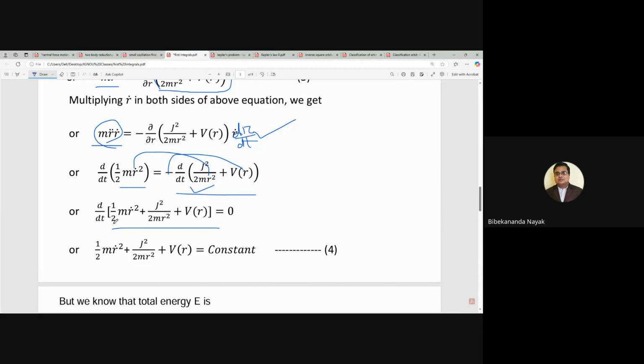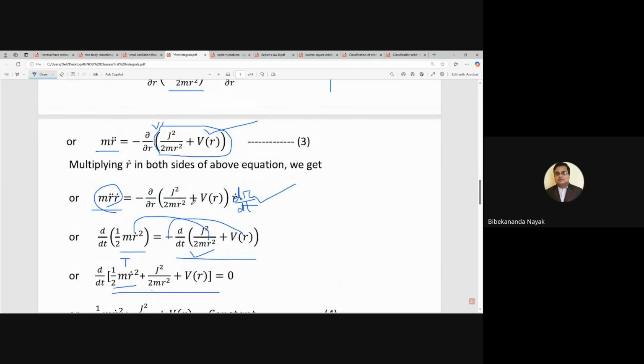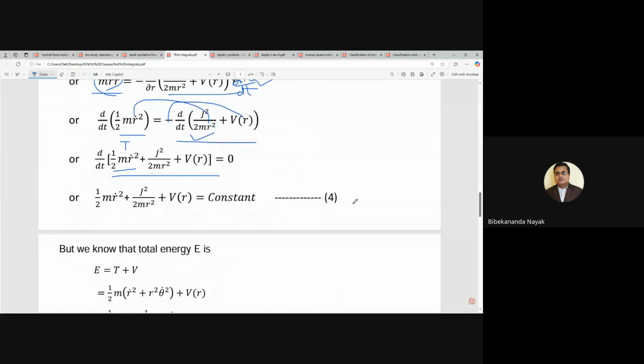If you see, this is half m v square, kinetic energy, T. And this is potential. But if you see here, actually this term is the effective potential. So T plus V prime, effective potential, is a constant. Actually here the effective potential behaves as potential energy. So kinetic energy plus potential energy is a constant quantity, which is nothing but energy.